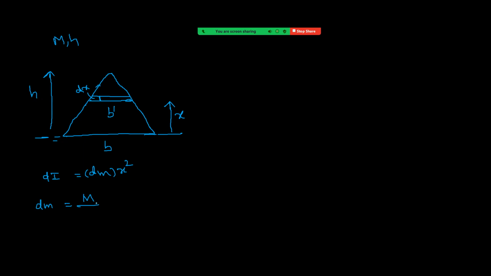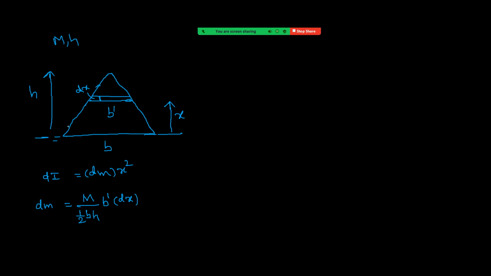Area means it is a triangle, half base into height. Next, the area of this rod is length b dash, its breadth dx, that is now dm. So we can take dm into x square. But in this, we are not given b and b dash. Then see what we can do.